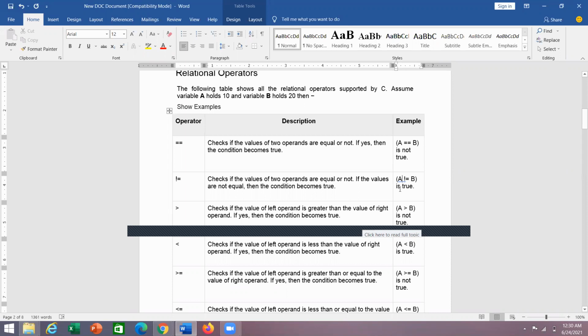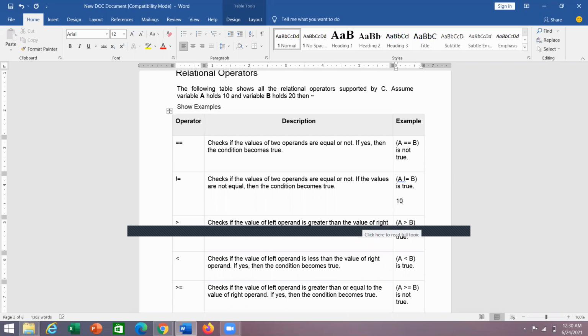So here also you can take the example. 10 not equals to 20. The example is right or not? It's right. 10 is not equal to 20, so the condition is true.